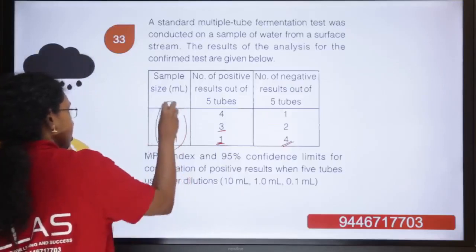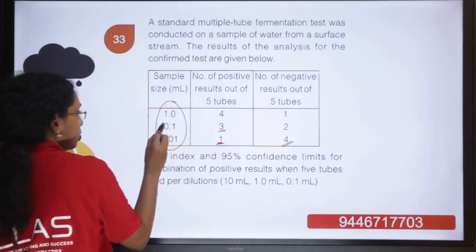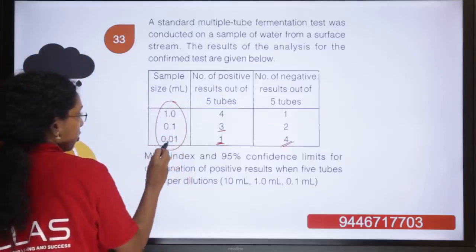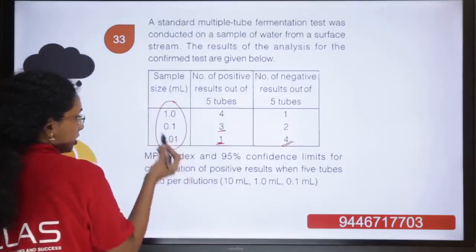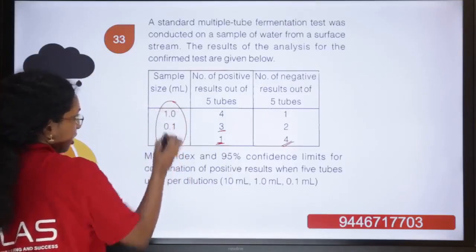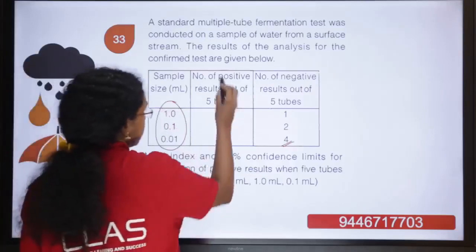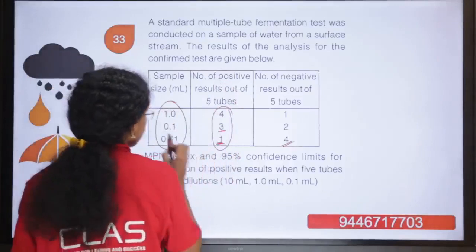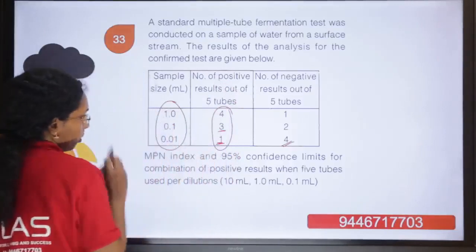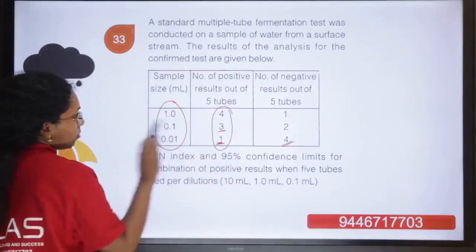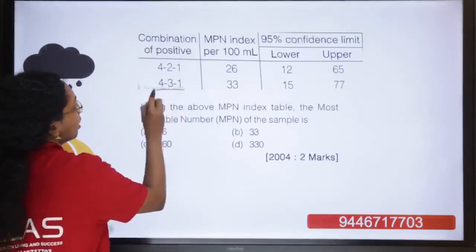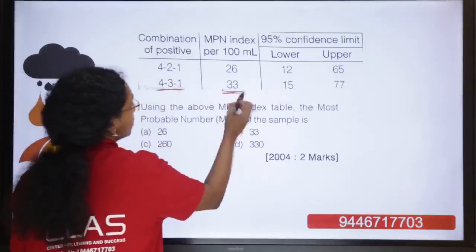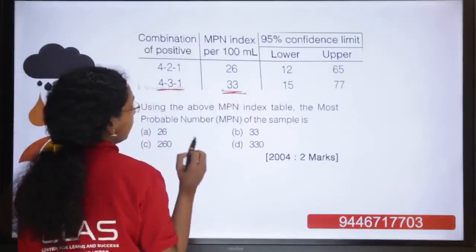Here there are 1 ml, 0.1 ml and 0.01 ml diluted sample tubes. The positive result combination is 431, for 1, 0.1, 0.01. Corresponding to 431, the value of MPN that we get is 33.